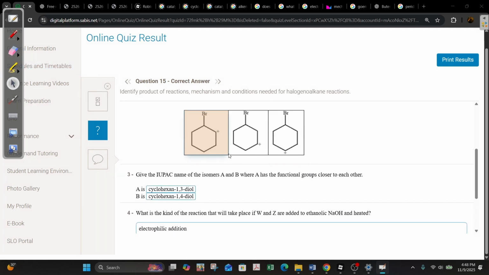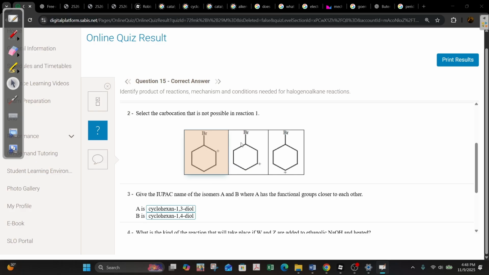So it will be cyclohexane 1. The first bromo is in the first. Oh, my bad, I forgot. This also gets replaced with a hydroxyl group. So this will be replaced with the hydroxyl.